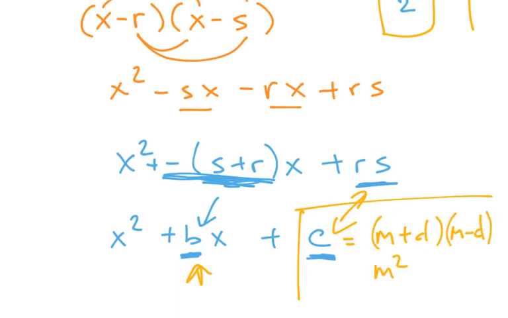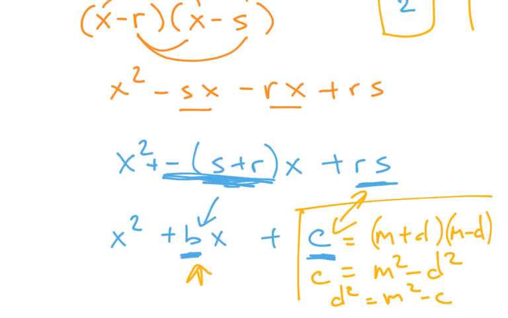So this leaves me with m squared minus d squared is equal to c. Which means if I switch the position of these two, d squared equals m squared minus c. Okay, so you might be thinking to yourself, okay, what does this mean?